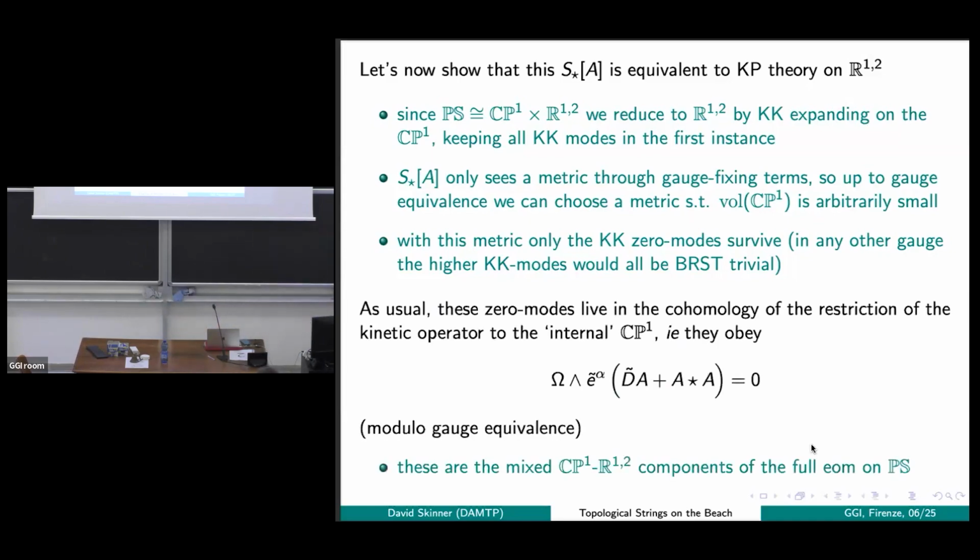They'd all be pure gauge. So what you're left with is just the zero modes, and those zero modes live in some sort of cohomology on the P1, or the restriction of the kinetic operator to the internal space. And that equation ends up looking like this. So it's not all of the components of the field equation, which will be omega wedge the content of that bracket, but just the mixed space-time P1 ones, and I can do that by wedging against one of the space-time forms here.